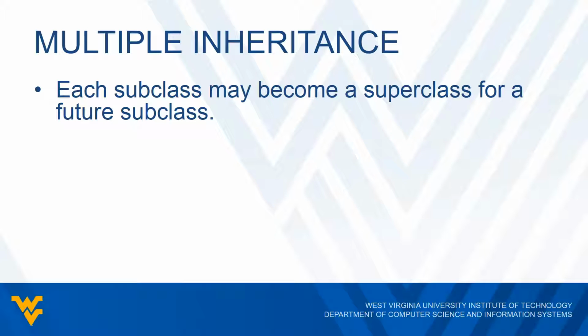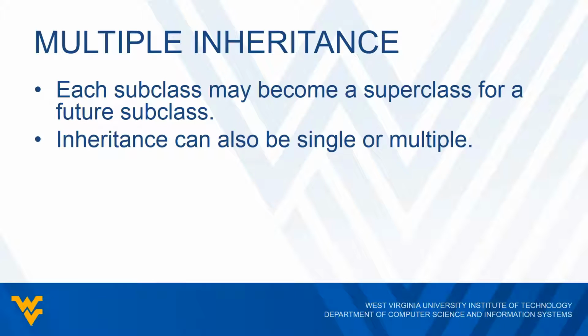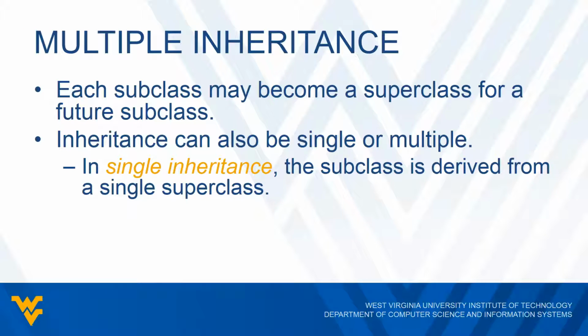So we can have this chain of subclasses. We can even take it a step further, where inheritance can either be single inheritance or multiple inheritance. So what do we mean by that? Well, with single inheritance, the subclass is derived from a single superclass. So we're inheriting from just one and only one superclass.